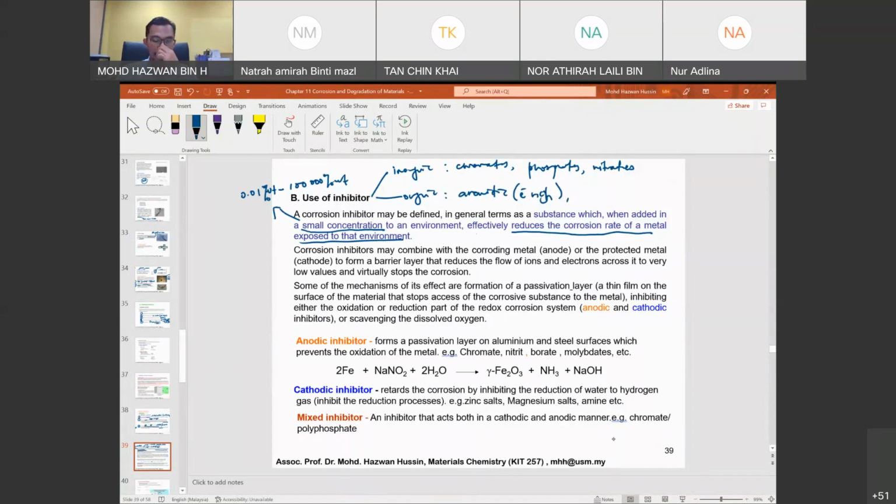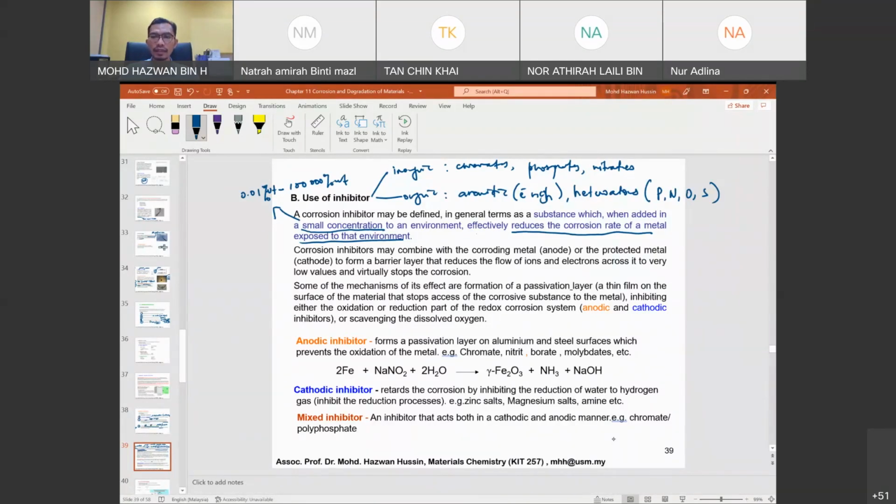Other than that, it contains heteroatoms: phosphorus, nitrogen, oxygen, sulfur. With all these criteria, it can be a very good organic corrosion inhibitor.